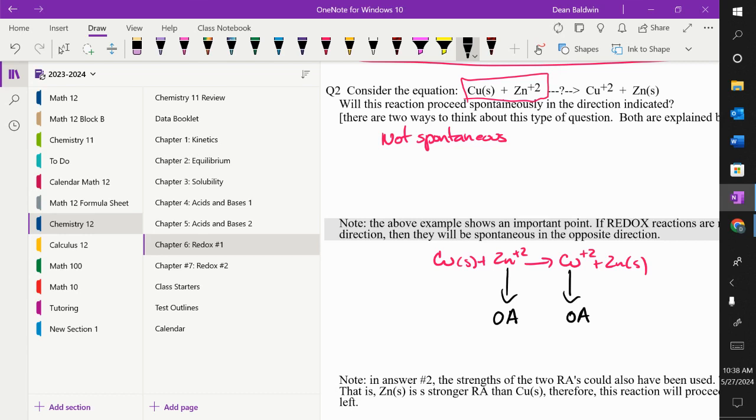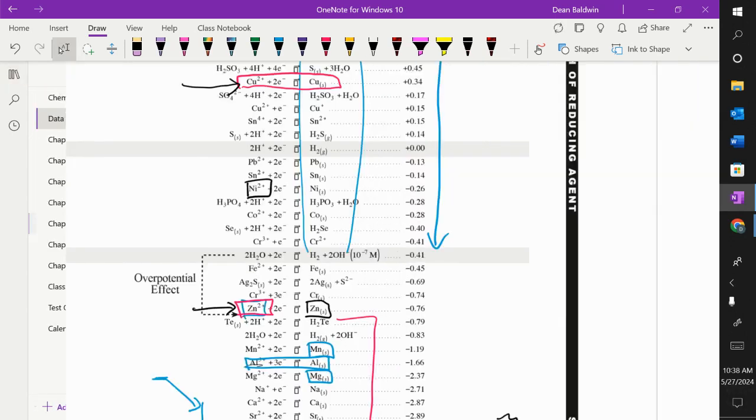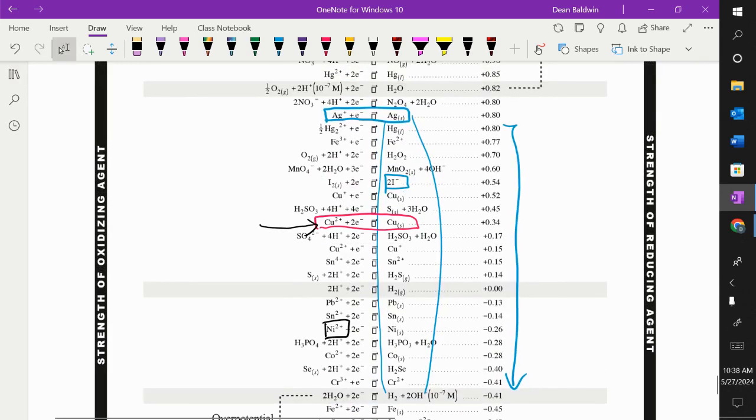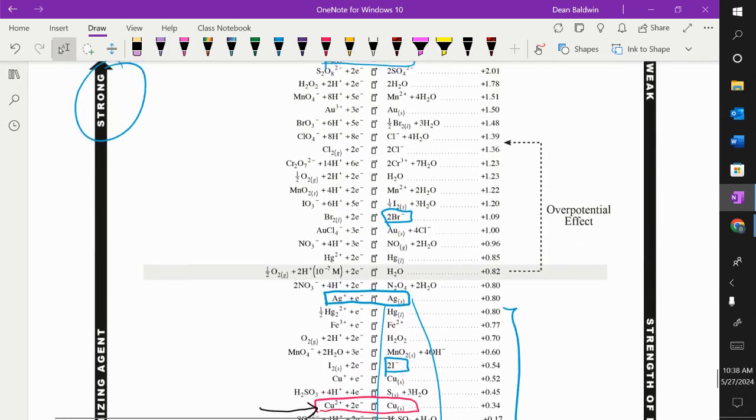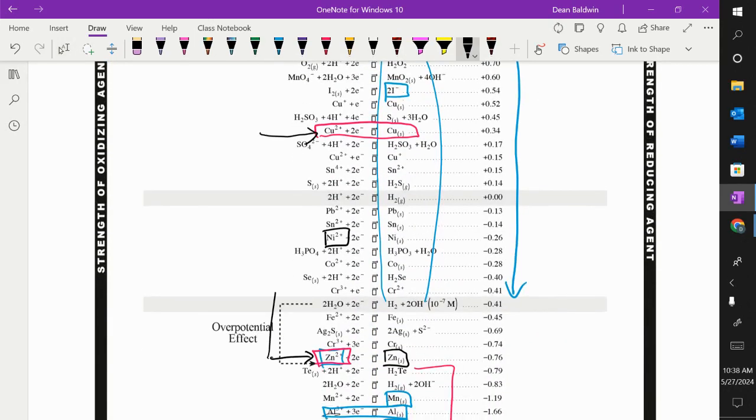So if you just look at this reaction, if you have it written out, and you locate zinc 2 and copper 2 on the table, zinc 2 is right there, copper 2 is right there. We just said that it lists them. The higher up on the left, the stronger you are. It's like acids and bases. So it's a battle between these two.